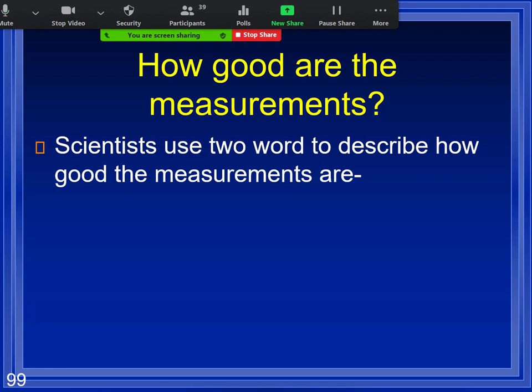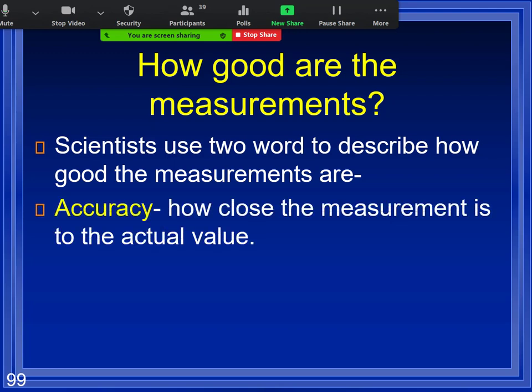You think about those two, accurate and precise, those are pretty much synonyms, aren't they? Well, not quite. Here's why. Accuracy. If something is accurate, you got the right measurement. So accurate is how close it is to the right answer. Scientists want accuracy.